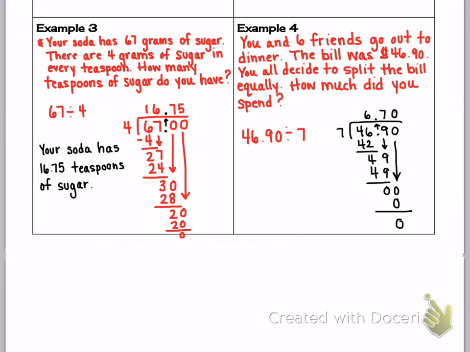You have to go all the way to the hundredths place when you're dealing with money. So the answer is you will spend $6.70 on dinner.